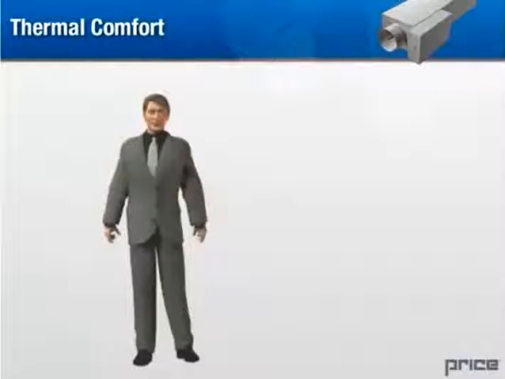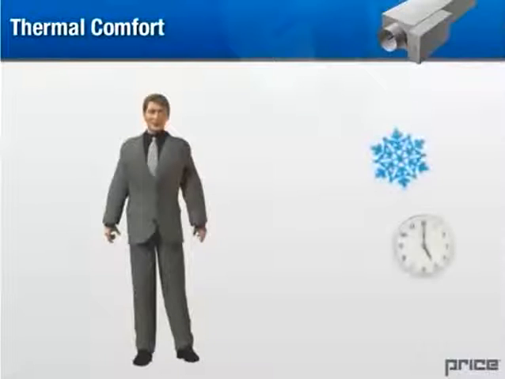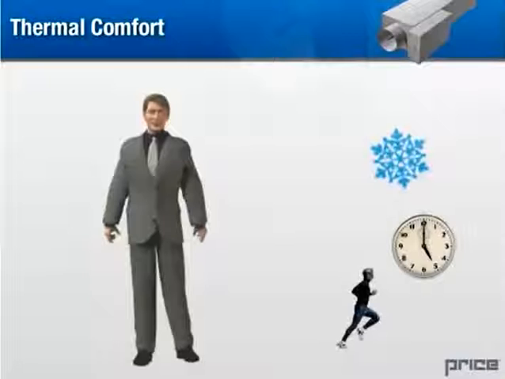What do we mean by a balanced heat transfer? A healthy person has an internal thermostat that is on average set to 98.6 degrees Fahrenheit. This temperature varies slightly between people, seasons, time of day, and what activities they are doing.